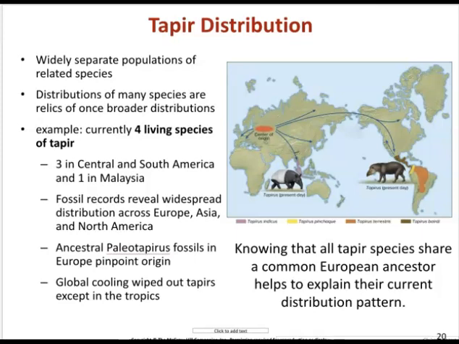And now there are 4 distinct species of tapir. 3 are in Central and South America, 1's in Malaysia. The fossil record shows it used to be tapirs all over Europe, Asia, North America. They pinpoint the origin of an ancestral species to Europe. But with global cooling, we're wiping out the tapirs. They can only sustain life in these tropical areas.